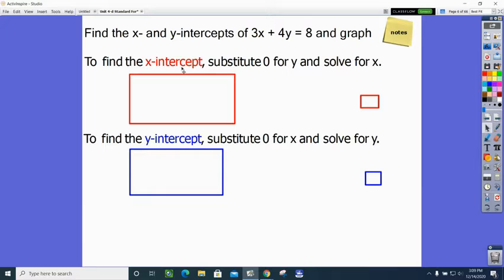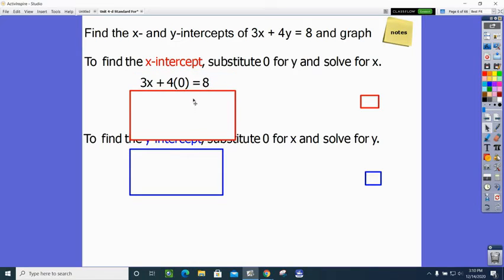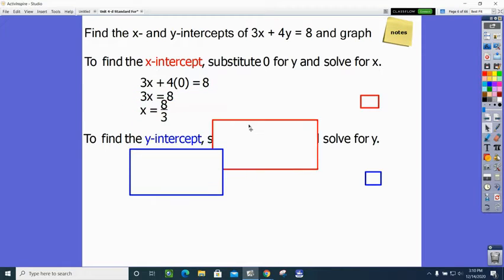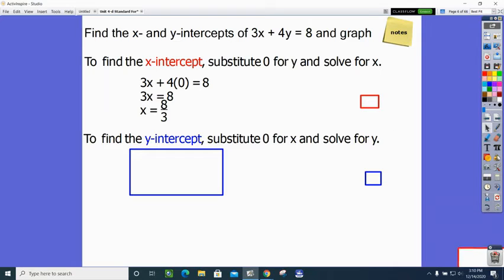So to find the x-intercept, you substitute 0 in for y and solve for x. 4 times 0 is 0. You got a one-step equation, divide both sides by 3, and there would be my x-intercept. For the y-intercept, you got to let x equal 0.